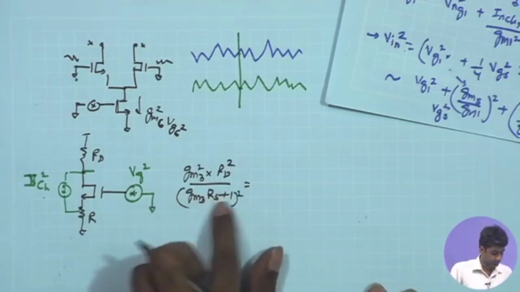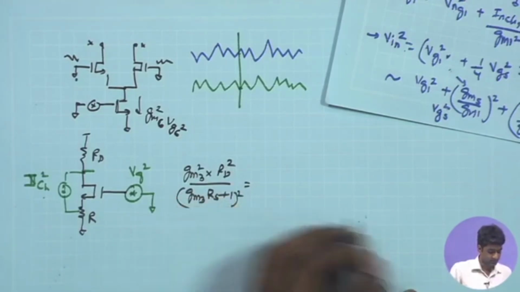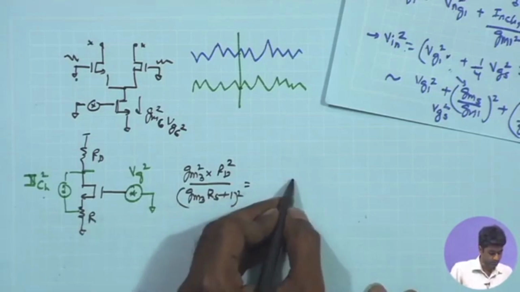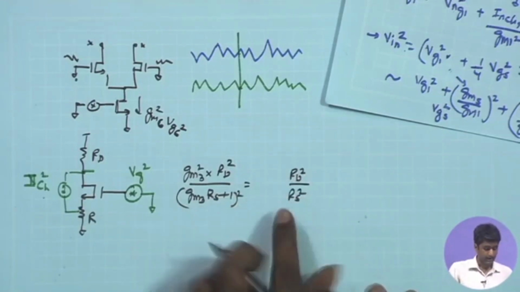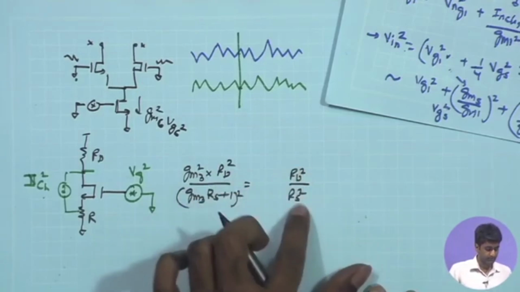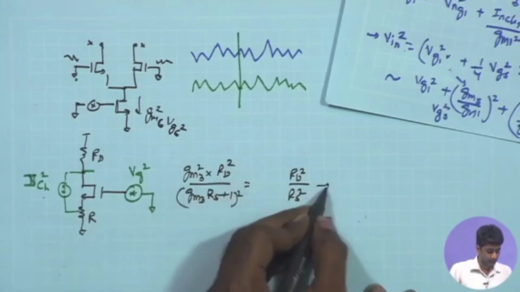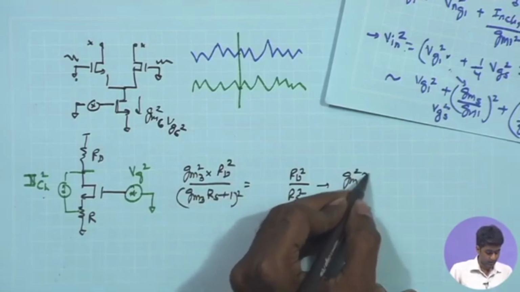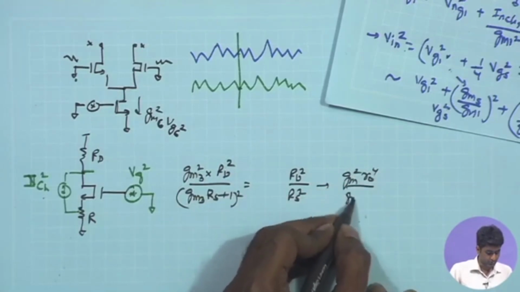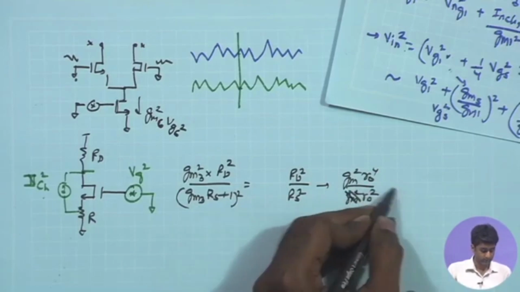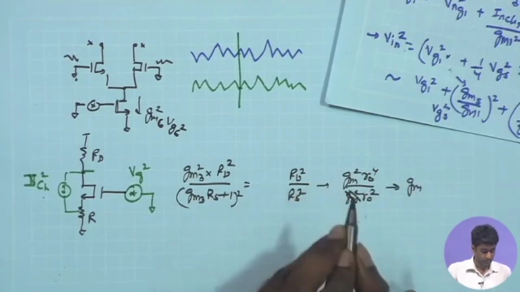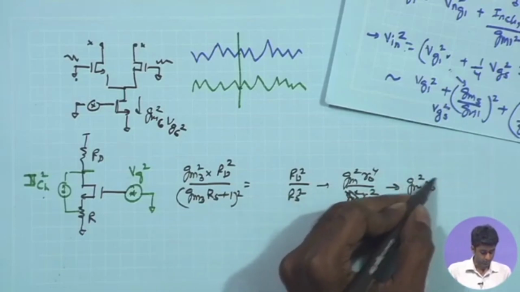And once again, if I assume that gm3 RS is much greater than 1, which is true here, I get RD square upon RS square, and therefore in this case it reduces to gm square RO4 upon gm square RO upon RO square, giving an overall expression gm square RO square.